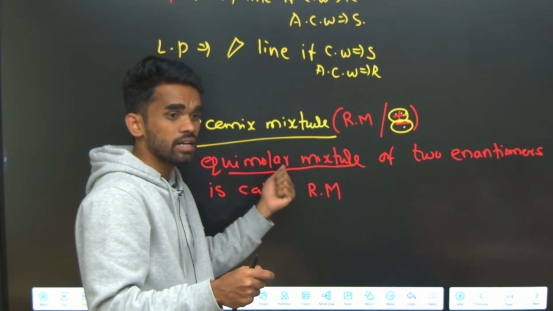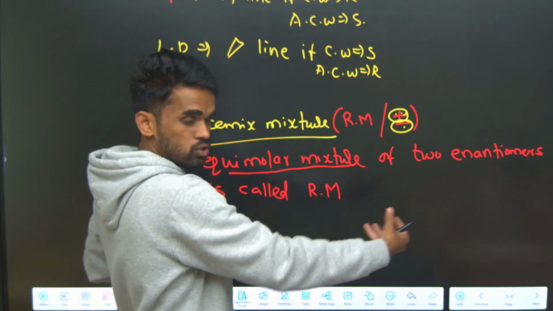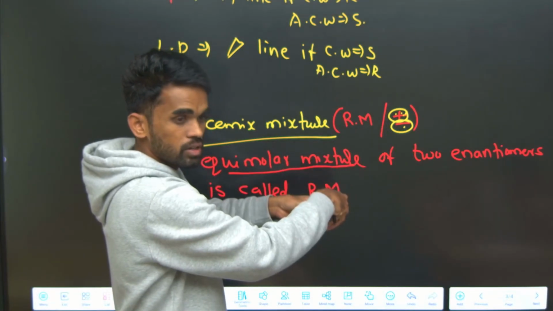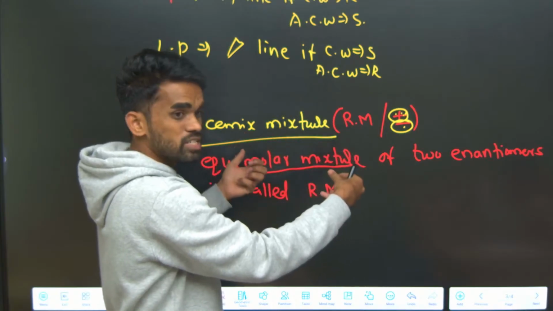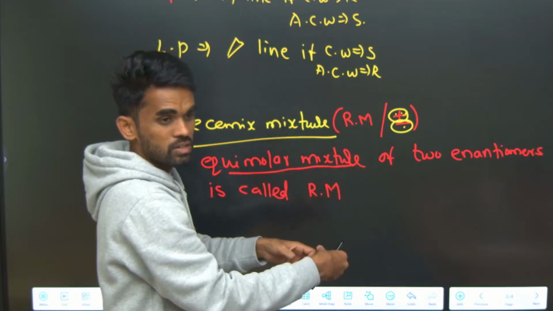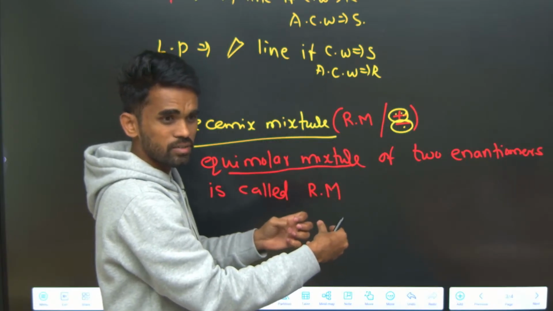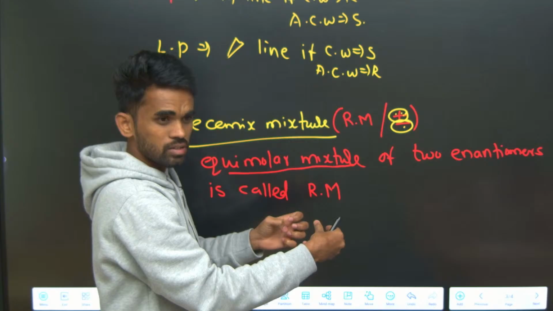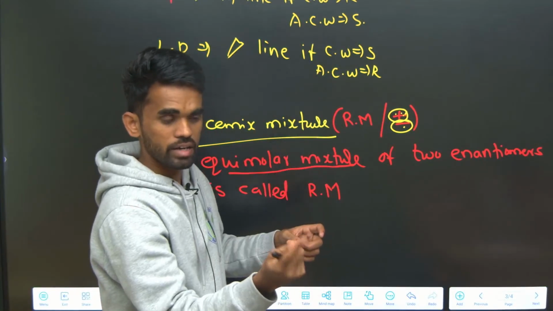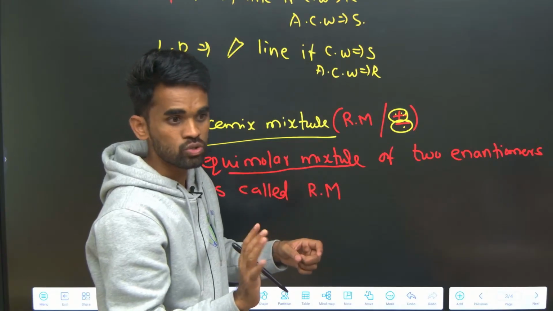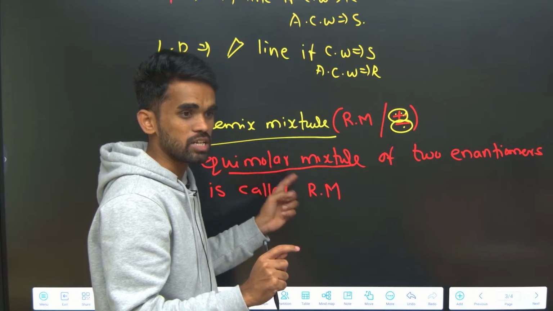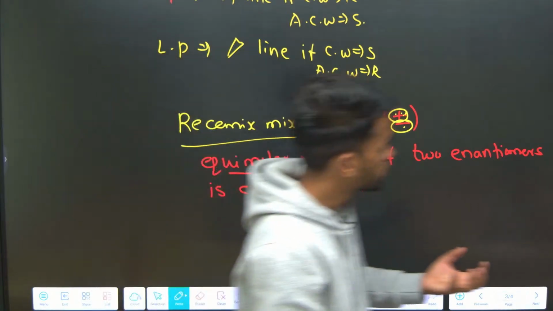But here, two separate molecules, two separate stereoisomers, we are mixing them. It means a racemic mixture is optically inactive due to external compensation. What is this internal and external? Internal is within the molecule, which is seen in the case of meso. And this is racemic, external compensation. It means we have two enantiomers.